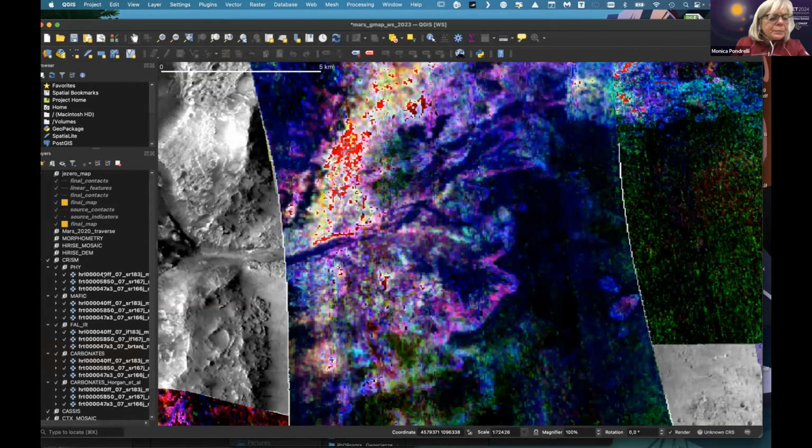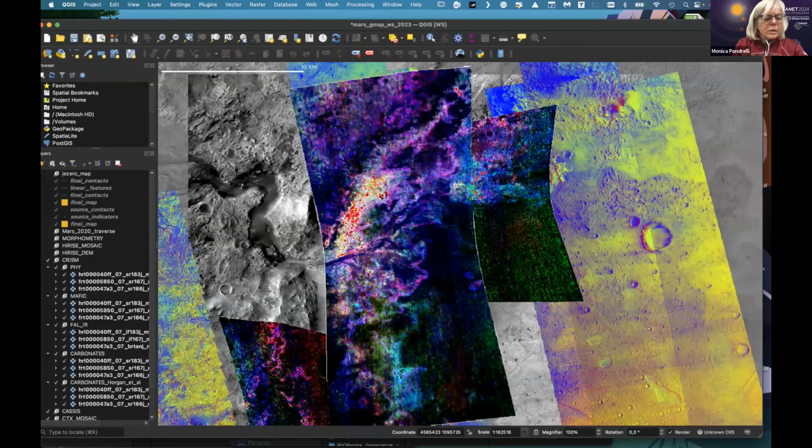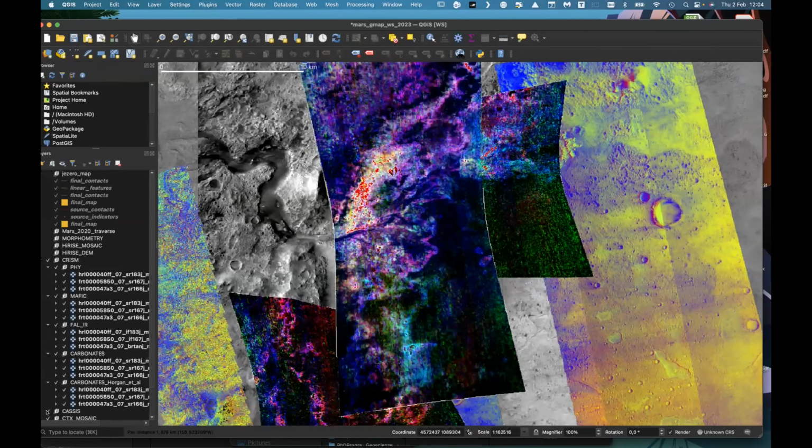CRISM data. These are the different levels with the different RGB maps. This is the one. Maybe, Monica, we can mention, you remember from the talk of Trent, that the HiRISE and CTX data provided by USGS and the team are perfectly co-registered. And this is also a nice example to see that data do not come out of the box perfectly co-registered.